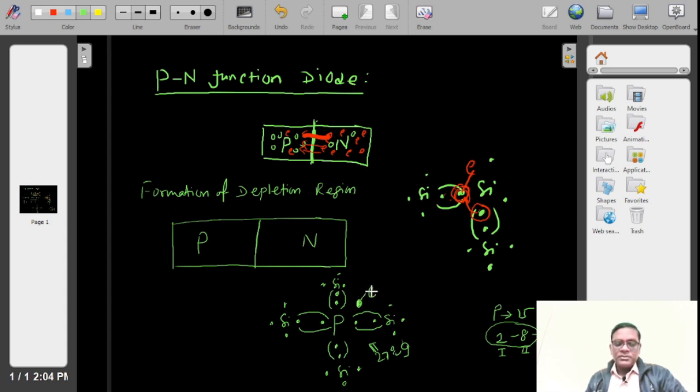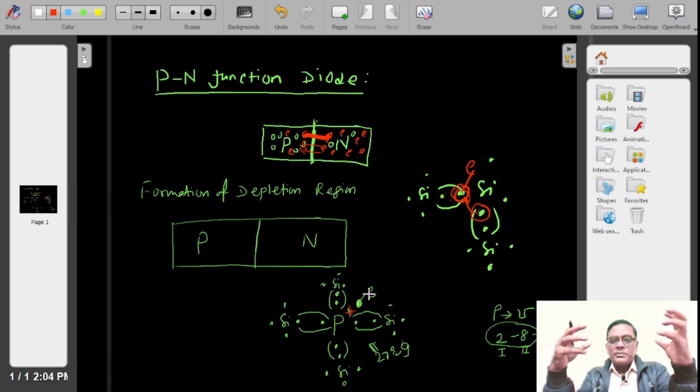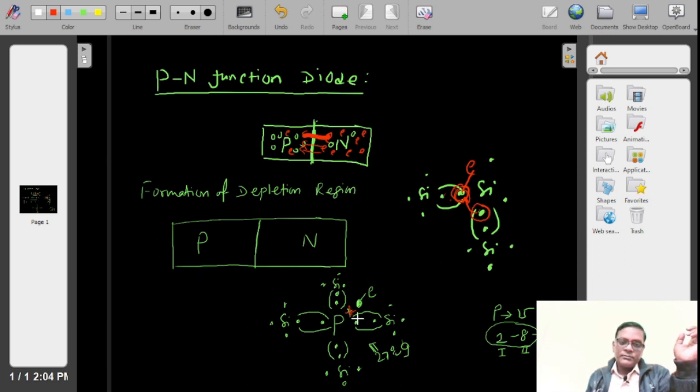Once this electron comes out, this phosphorus will gain a positive charge. As we know, the atom which is releasing an electron, the atom which is giving the electron, will gain a positive charge, and the atom which is gaining electrons will gain a negative charge. So here, as phosphorus is releasing one electron, it gains a positive charge.